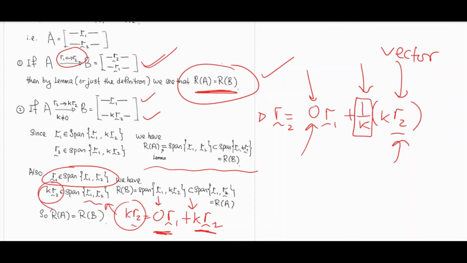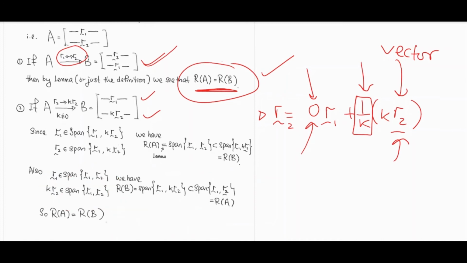So your KR2 is, again, obviously a member of the span of R1 and R2. So what does it imply? It implies that the row space of B, which is the span of row 1 and K row 2 by the lemma, is a subset of the span of R1 and R2. That is the row space of A.